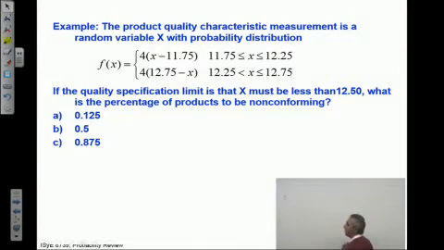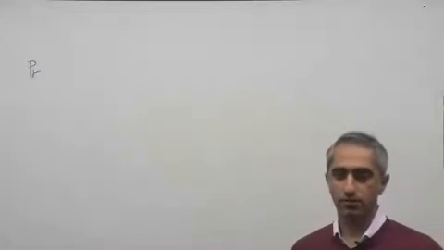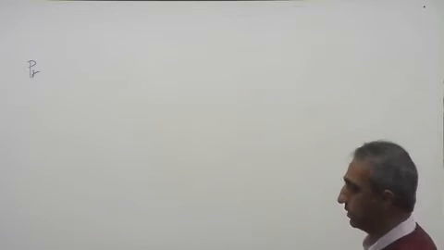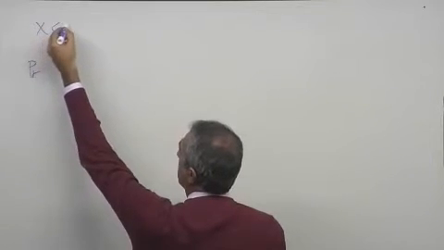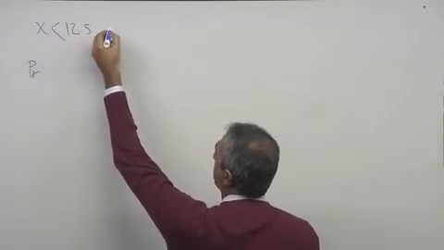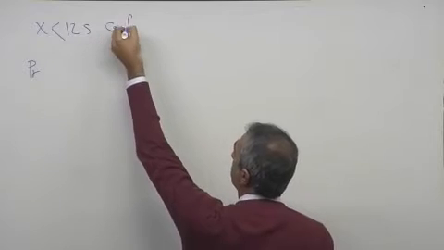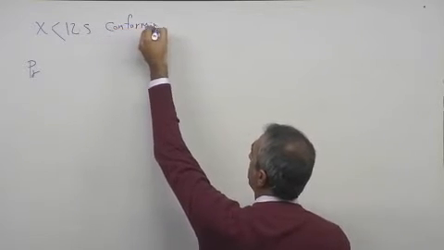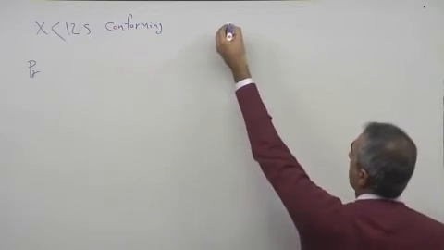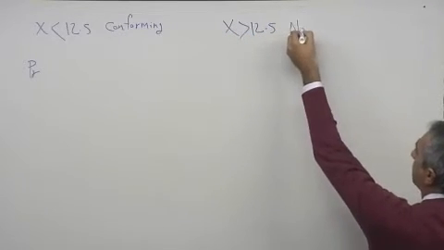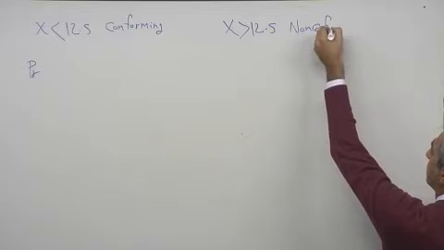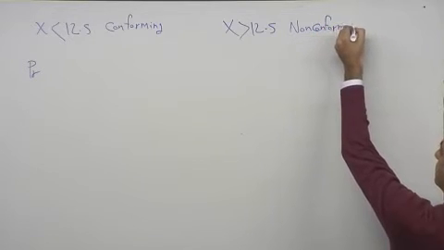So we want to find the percentage of non-conforming items. The standard says x less than 12.5 is conforming, a good product, and x greater than 12.5 is non-conforming.